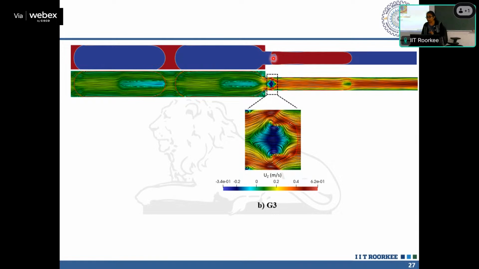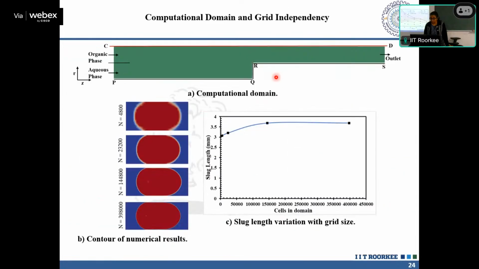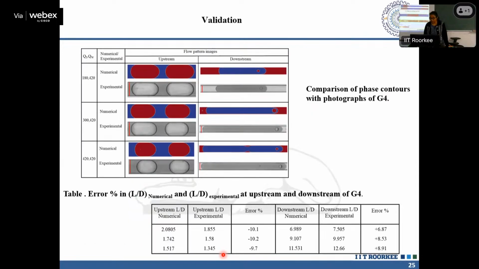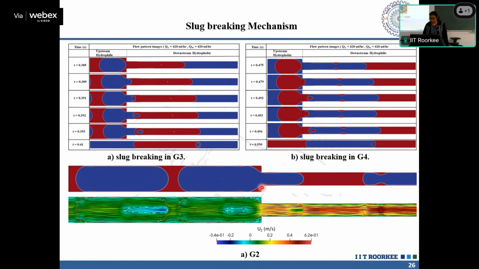Also, of course, there is the presence of vena contracta. So you get a recirculatory zone which further enhances the mass transfer. The reason we are getting much higher efficiency from hydrophobic to hydrophilic is not only the presence of this circulation, but also the presence of this disturbance wave, which is unique to a low viscous dispersed slug, and is further enhanced by this.